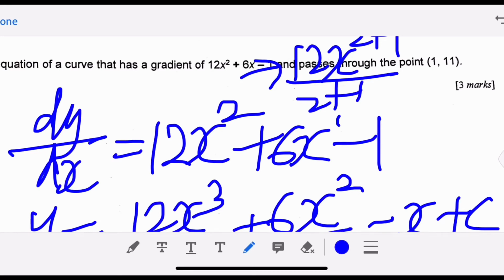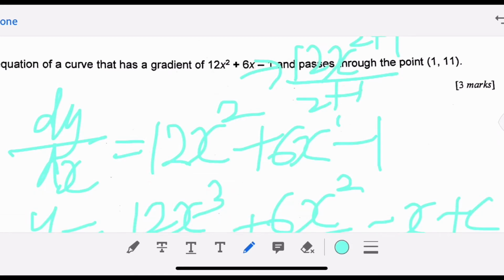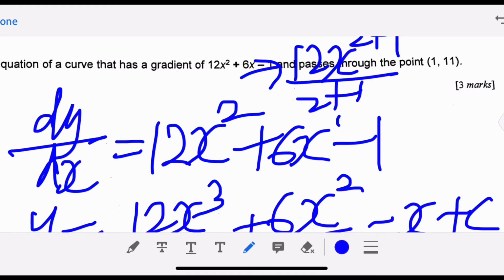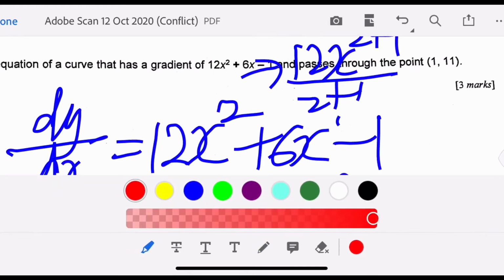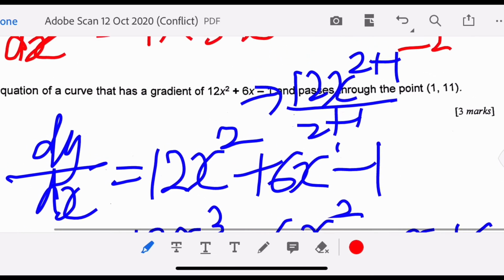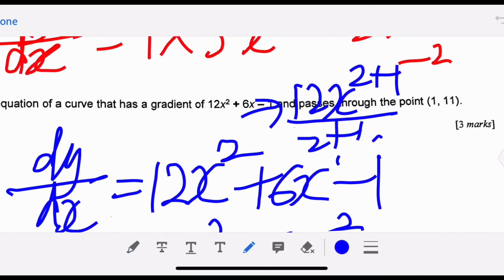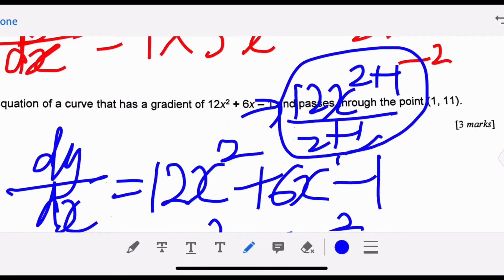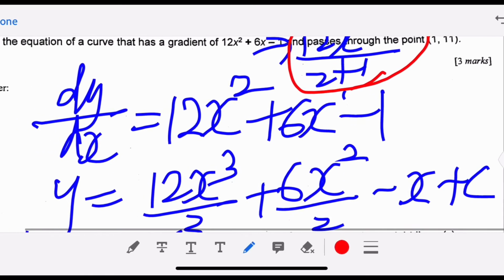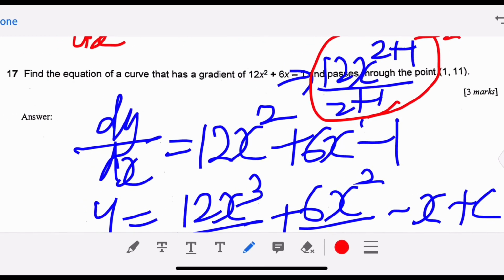So I'm going to integrate right now. My y is the integral of 12x. How to integrate is you take the power plus 1 over power plus 1. So it's 12x to the power 2 plus 1 over 2 plus 1. Plus 6x: the power is 1, so you take 1 plus 1 over 1 plus 1.